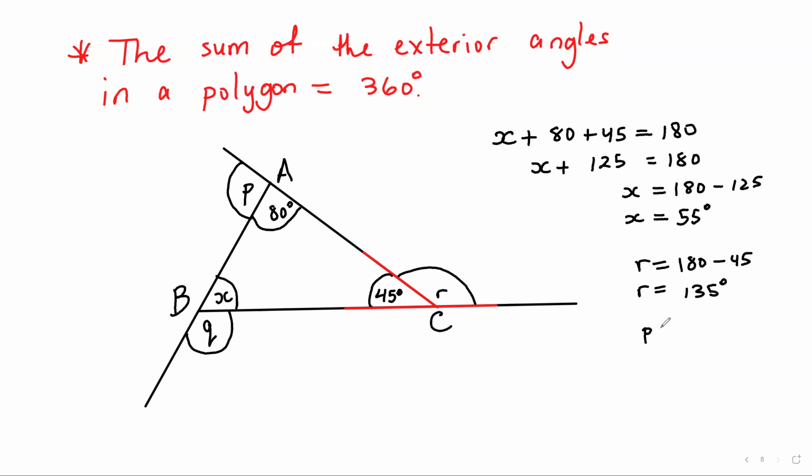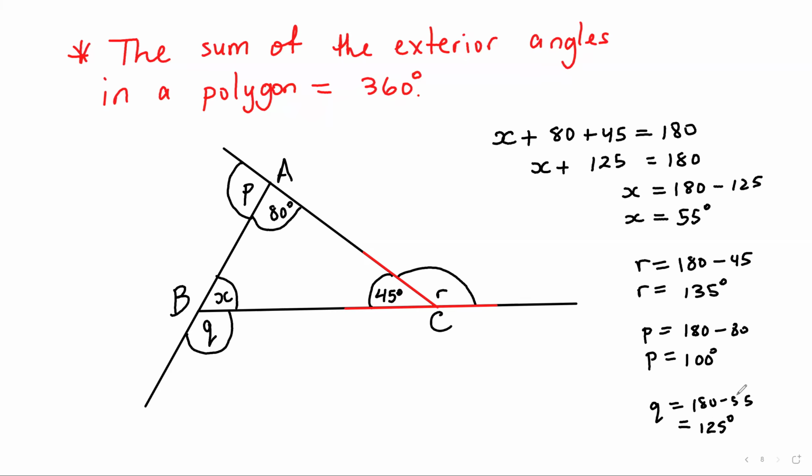P would be equal to 180 take away 80 degrees, which is 100. So P is 100 degrees. And finally, Q would be equal to 180 take away 55, which is 125 degrees.